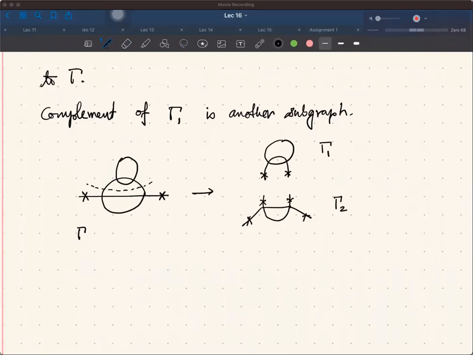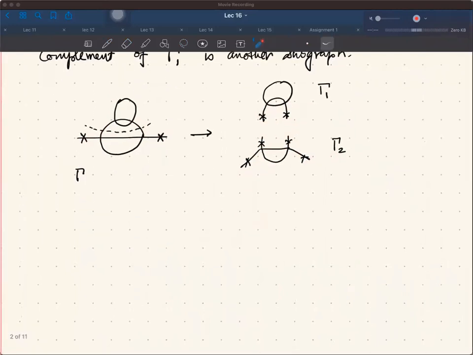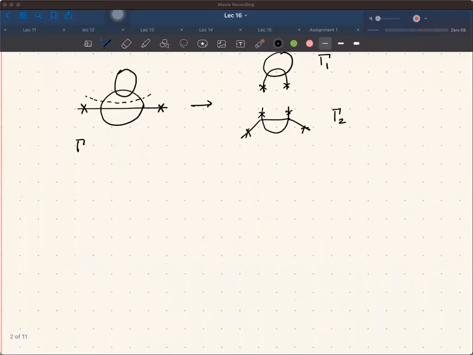So these external lines from gamma 1 and gamma 2 are actually internal to gamma, but these lines which are external to gamma 2 are also external to gamma. So lines that are external to the subgraph viewed as an individual graph can be either external or internal to the original graph.